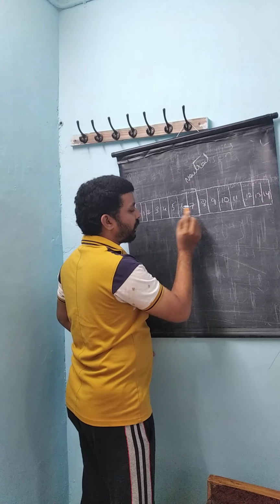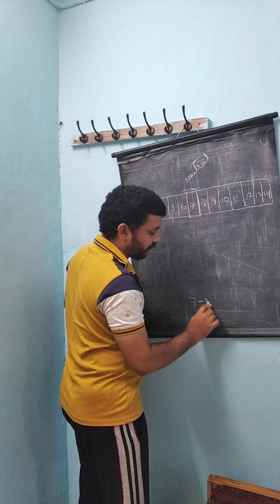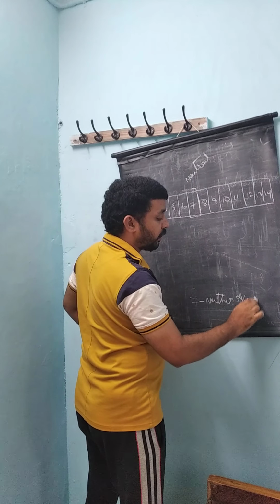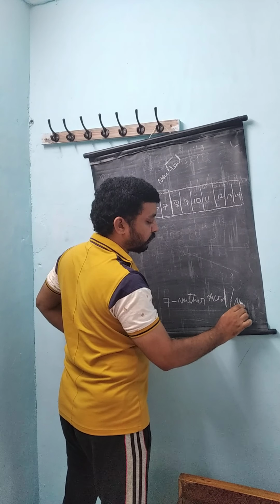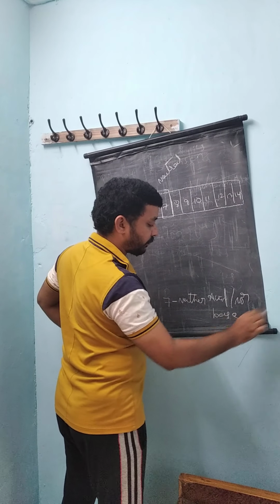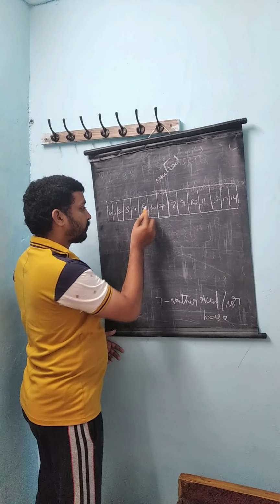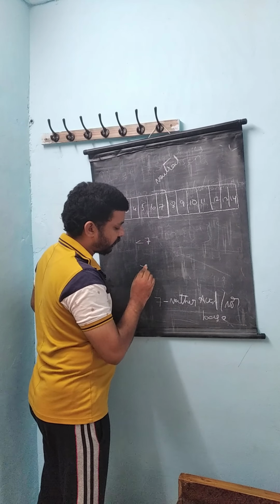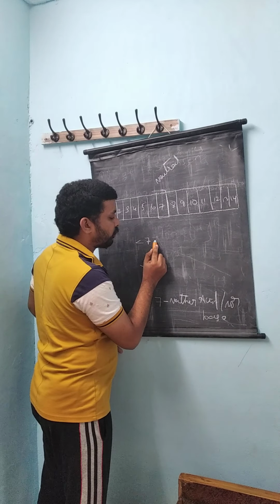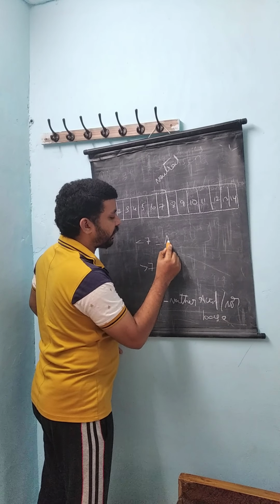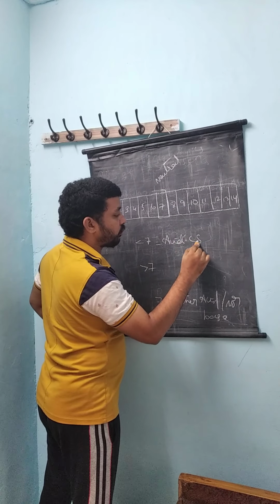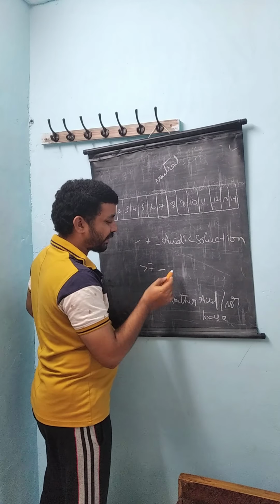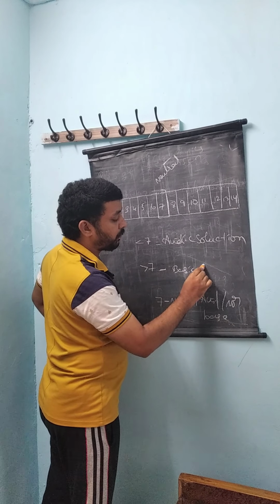That means a pH value of 7 indicates neither acid nor base. And for the remaining values, the values less than 7 indicate acidic solutions, and greater than 7 indicate basic solutions.